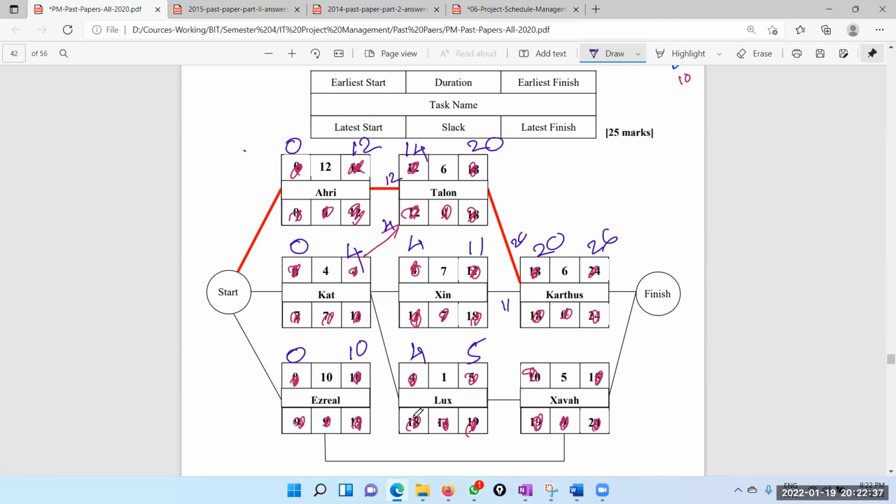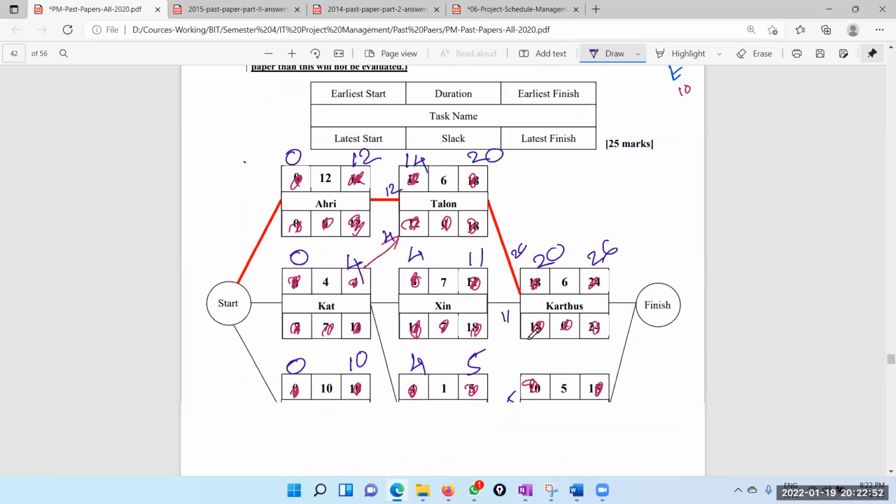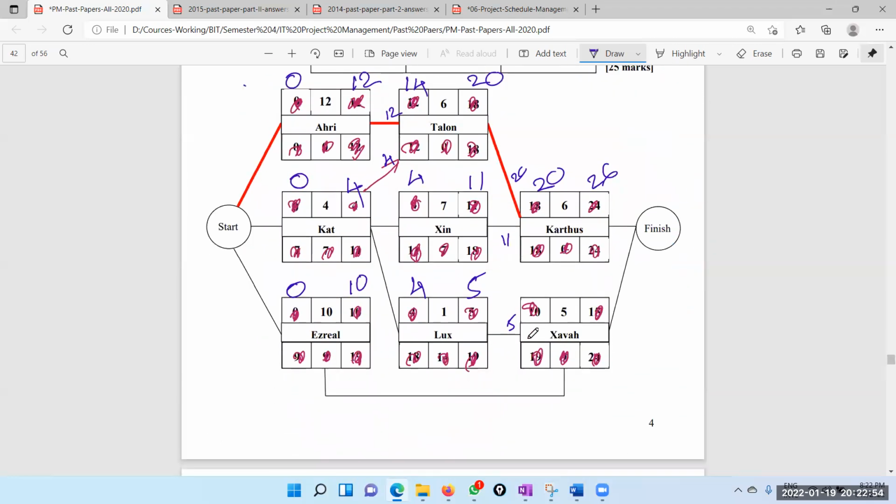Okay. Now from this side, there are two dependencies. From this one it is 5. From this one it is 10.